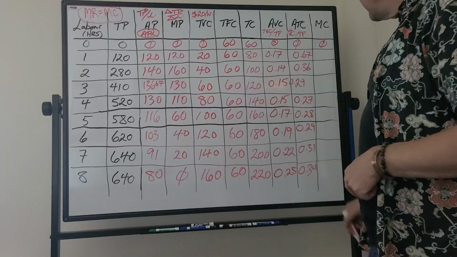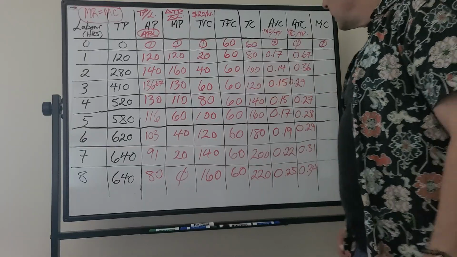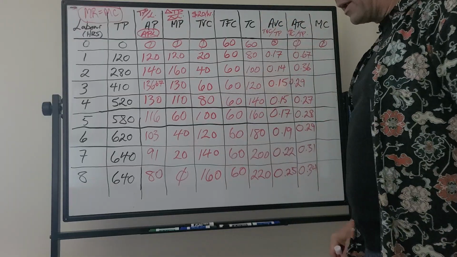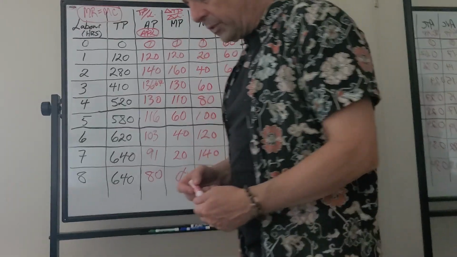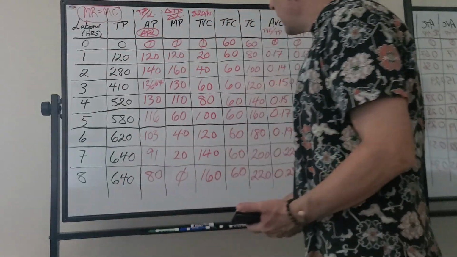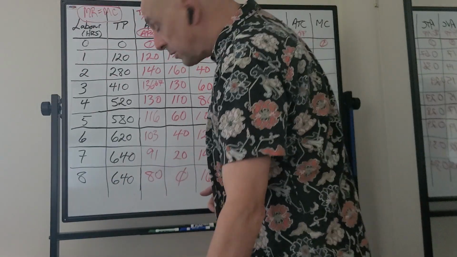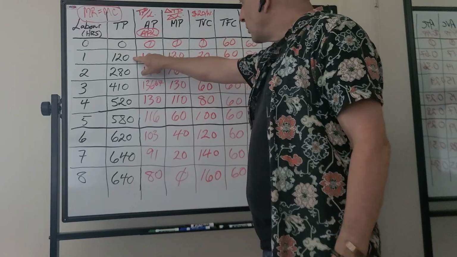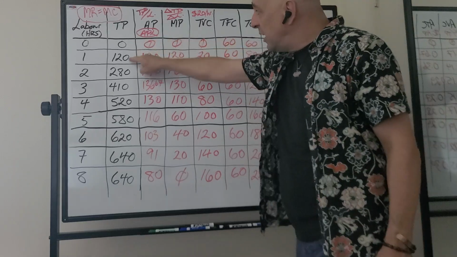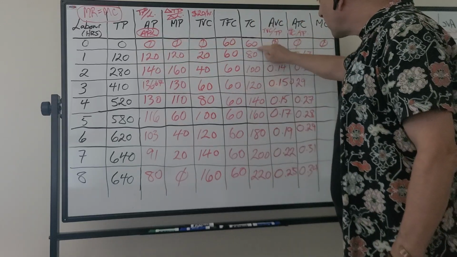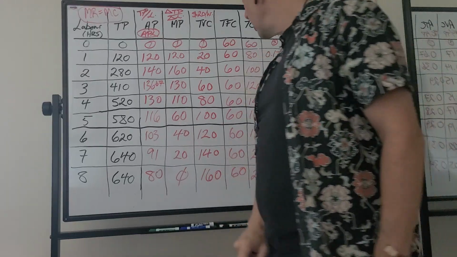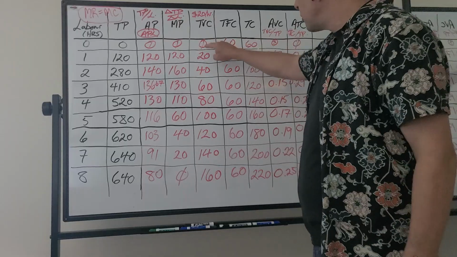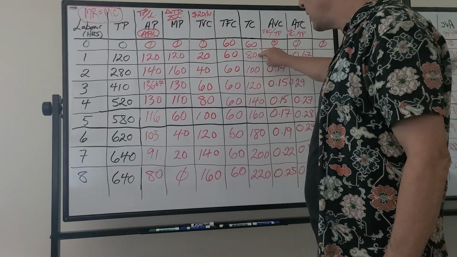Okay, so in going from 0 to 120, that makes our denominator 120. So we've got a total product of 120. Our total product has increased by 120, and our total cost has changed here by 20.